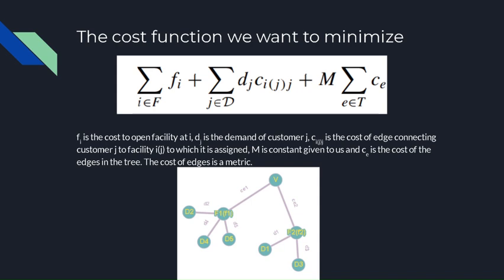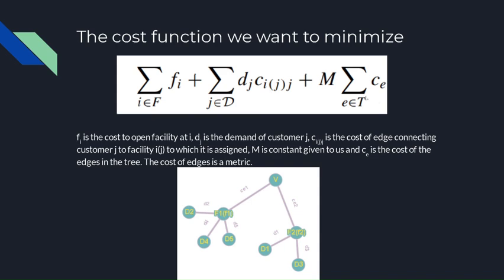We have to take the cost of the edge between that particular facility and the customer, multiply it by d_j, and sum all of them up for all the customers in D. And finally we have this summation, which is the cost of the edges of the tree, and this particular constant M which is given to us. So finally the sum of all these is our cost function, and we want to minimize this.